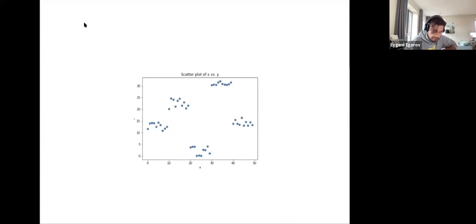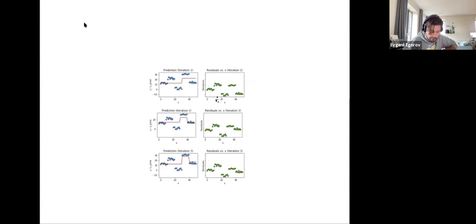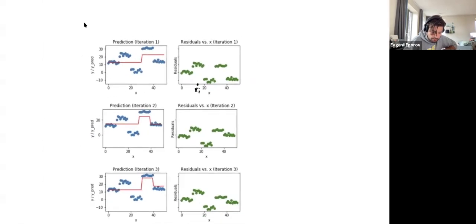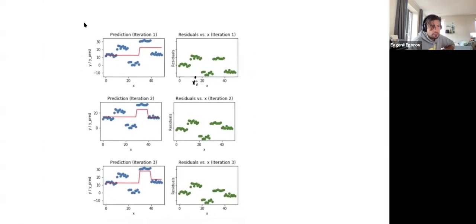Yeah, let's take an example. So this is our feature. This is the target. So let's see how it will work. So here we fit a very simple model. You can see that it's a very simple model because you have exactly 3 regions here.